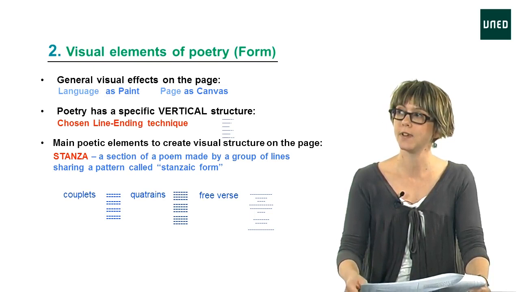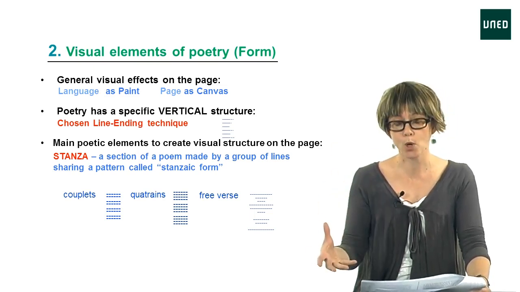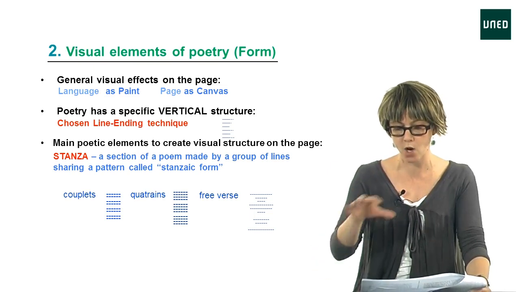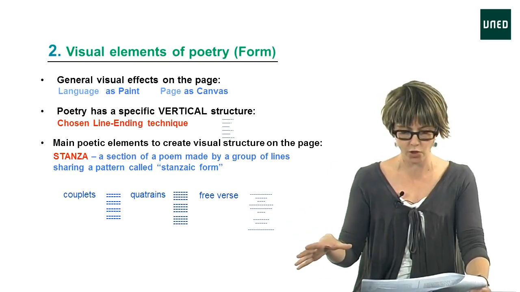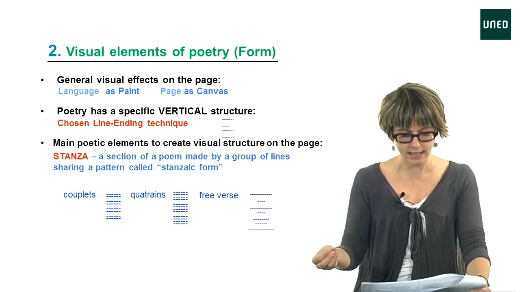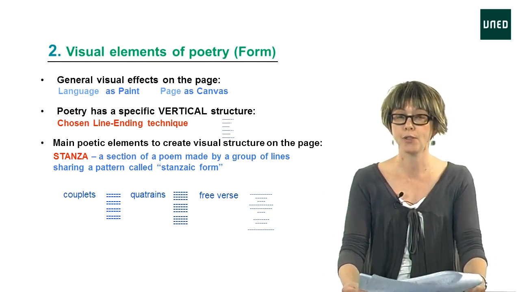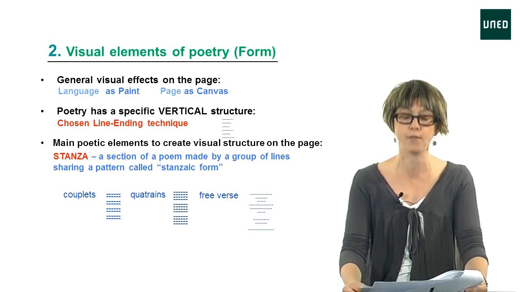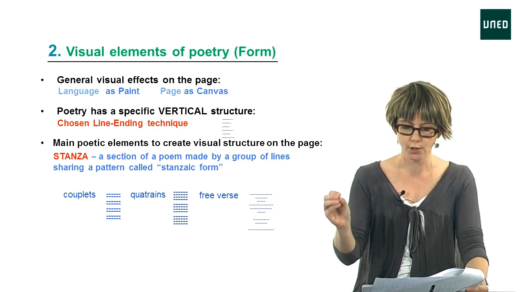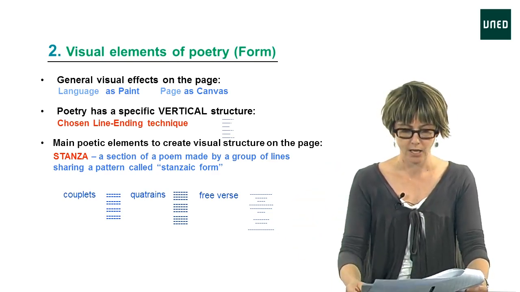Poetry has a specific vertical structure, whereas most prose or narrative texts run horizontally along the page. This chosen line ending technique makes poetry unique and different from prose. The author or poet chooses a specific word and not other to finish each particular line.